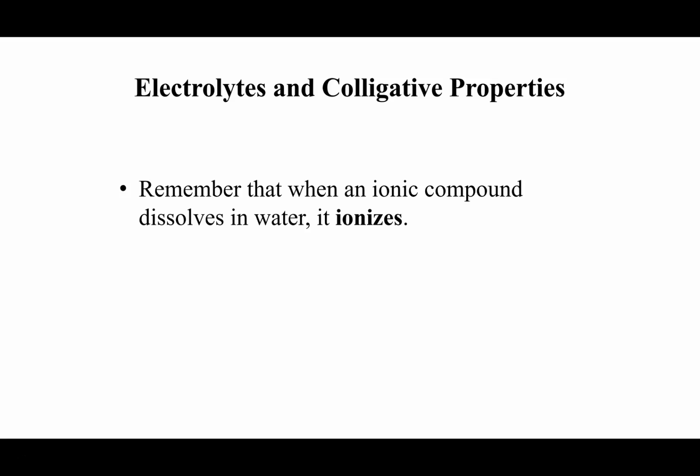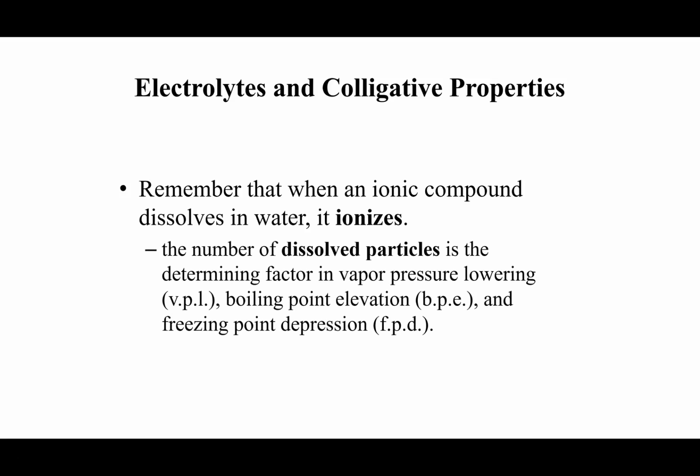So at the crux of this discussion is that when it gives you multiple particles, you get more, what I call, bang for your buck, when one piece breaks apart into 2 or 3 or 4 pieces. That's just it. So it's going to be the number of dissolved particles, ultimately, that makes the boiling point elevated and the freezing point depressed.